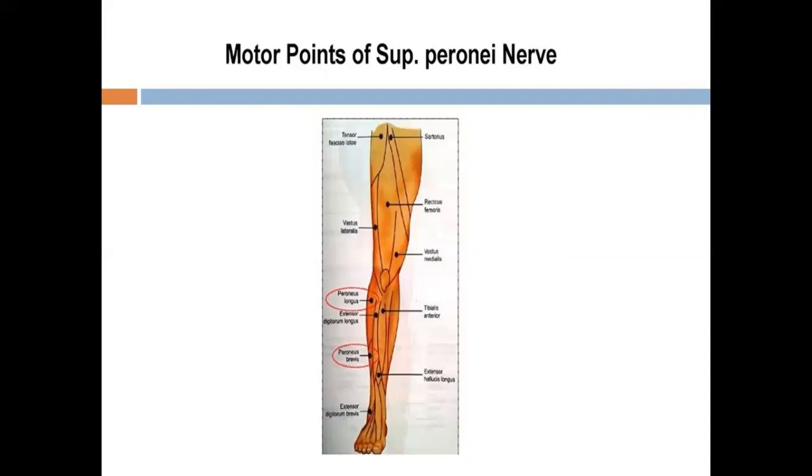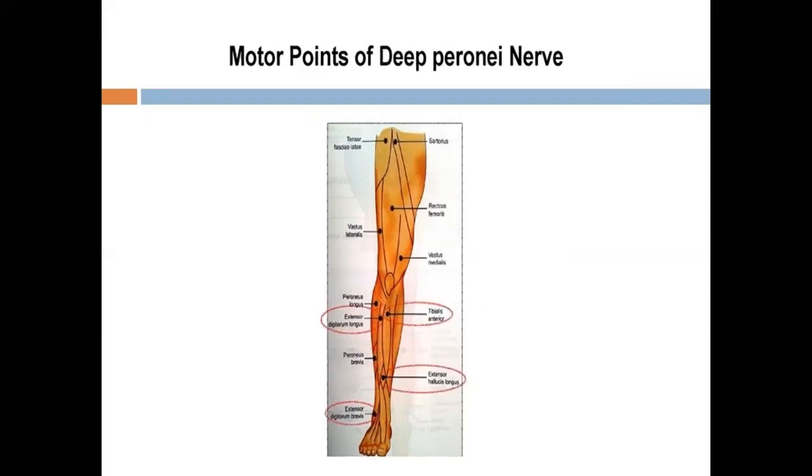The motor points of the superficial peroneal nerve are peroneus longus and peroneus brevis. The deep peroneal nerve: extensor digitorum longus, tibialis anterior, extensor hallucis longus, extensor digitorum brevis.